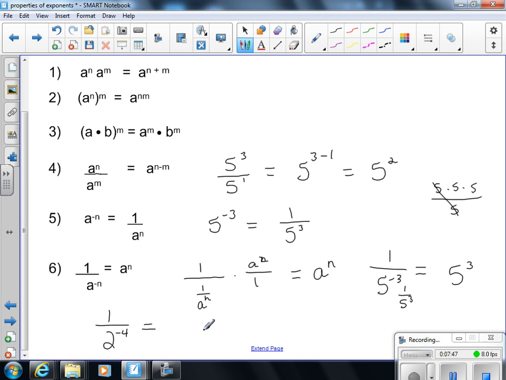So when I take 1 divided by 1 over 2 to the fourth power, that's the same as 1 times 2 to the fourth over 1, which is 2 to the fourth power. So all you're doing is bringing it back upstairs.